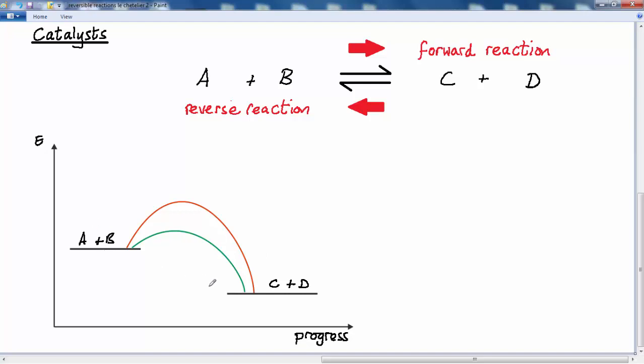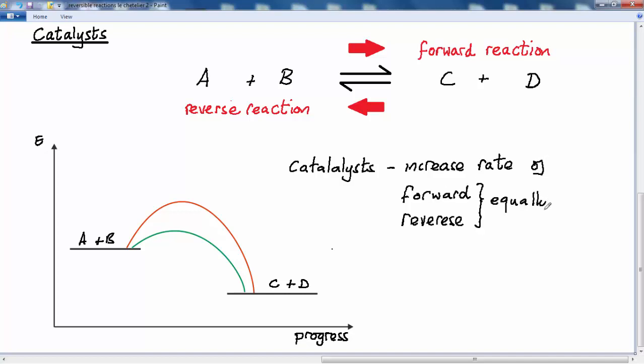The amount of A and B and the amount of C and D is not affected by the presence of a catalyst. So let's just make a note of that here. Catalysts increase the rate of forward and reverse reactions equally. So therefore there is no change in position of equilibrium.